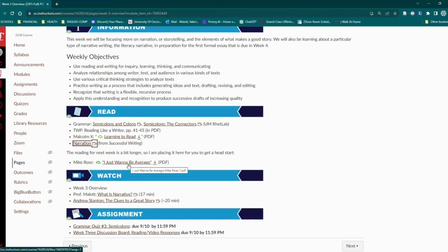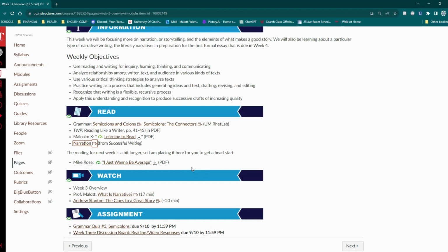It's another example of a literacy narrative, how he grew up. He came from a working class background, and there was a mistake on an entrance exam for a school, and he got placed in a different track than what he was actually capable of doing.